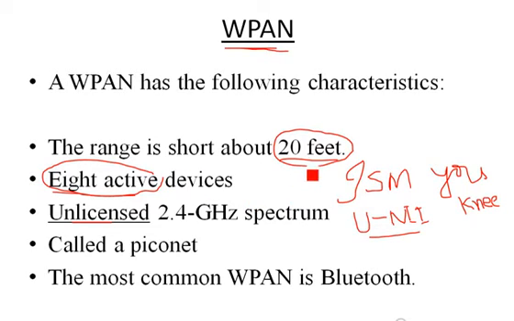So these are the two license-free bands which are available. Wireless PAN is using the unlicensed 2.4 GHz spectrum.